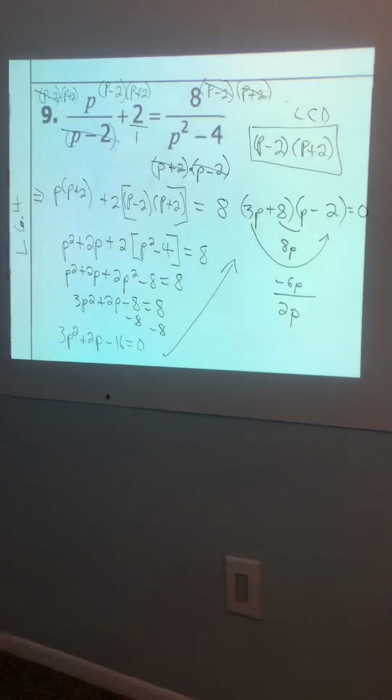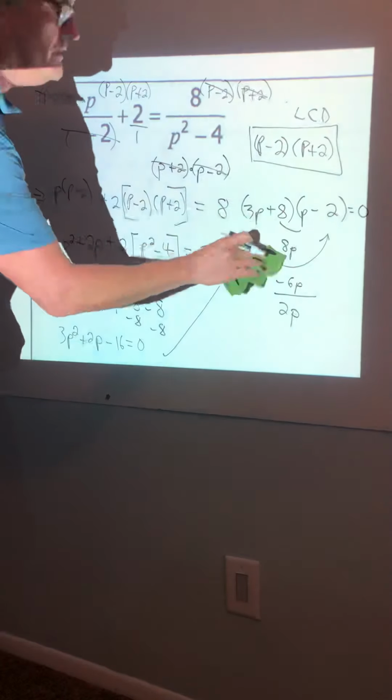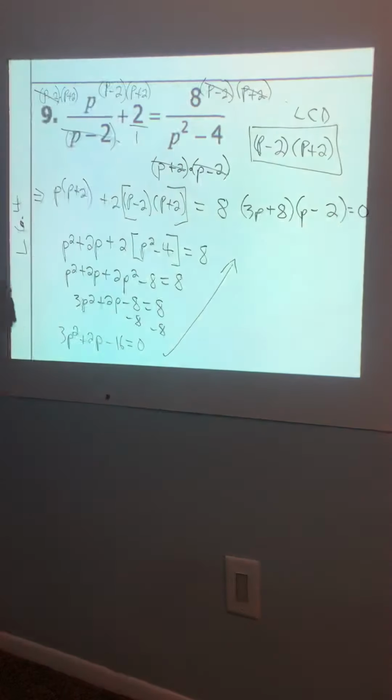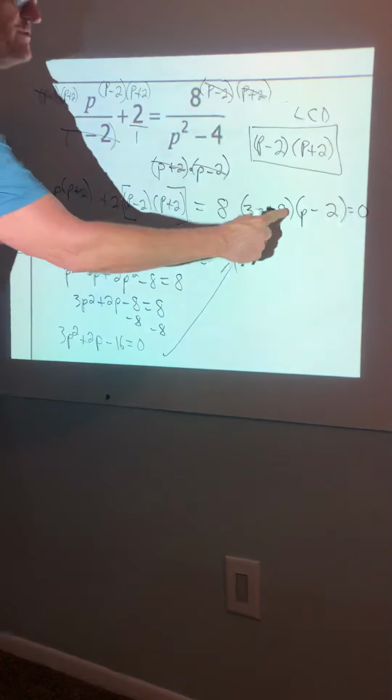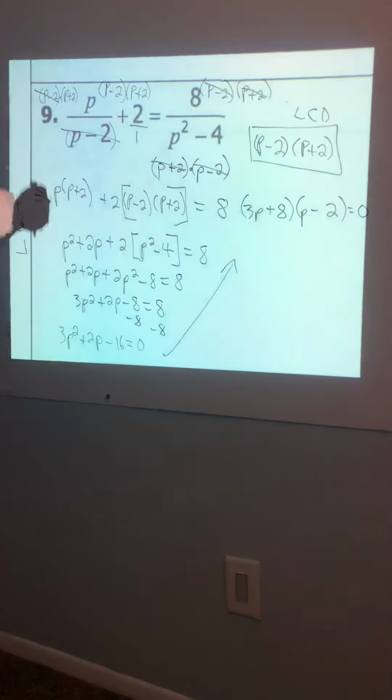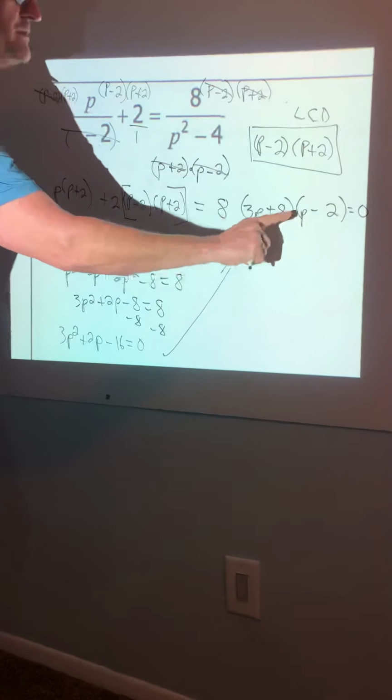That's why I selected those numbers. Also here, let me erase for a second. All right, the negative 16 means the signs are going to be different. So look, the signs are different. I want a positive 2p. Okay, that's why the 8p got the positive.